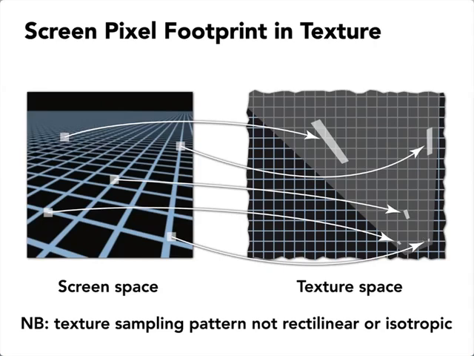In converse, this one over here, if we had a screen space pixel over here, you can see that it's covering many, many blue lines in the grid. And sure enough, when you look at its projection into the texture image, it covers a large area in texture space, okay? So note, the texture sampling pattern does not have to align with the XY axes, or the vertical and horizontal axes, of the texture space.